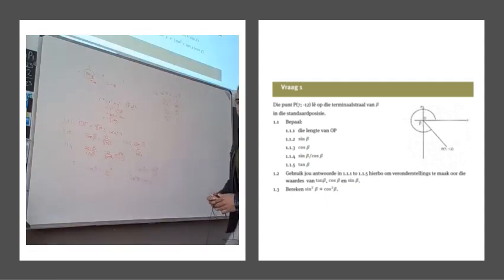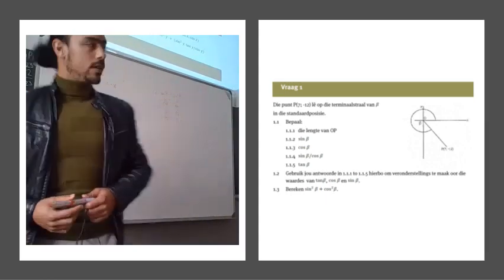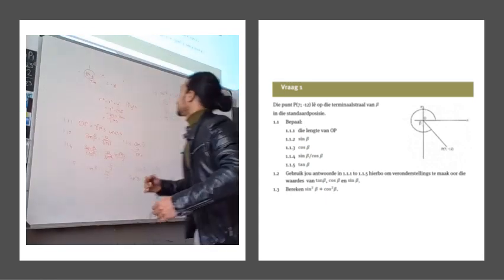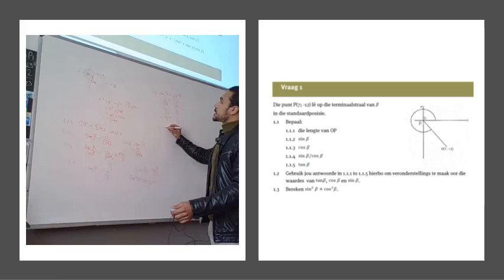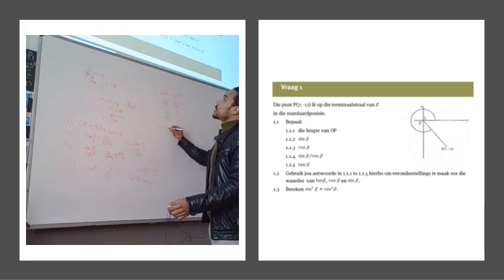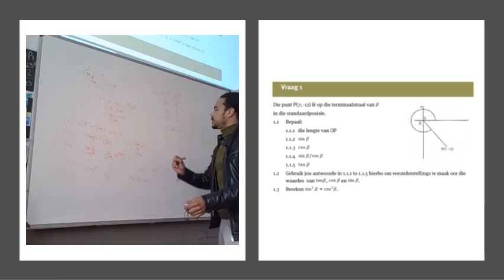All right, let me see where I can write. So I'm going to start with 2.1. We're supposed to simplify this, so we're going to say square root of 1 minus cos x and 1 plus cos x. All right, I'm going to simplify this.